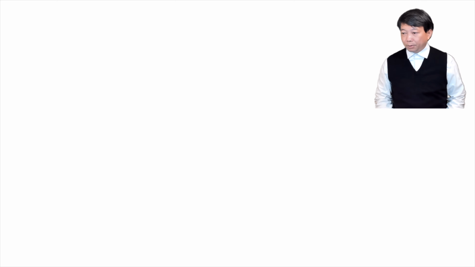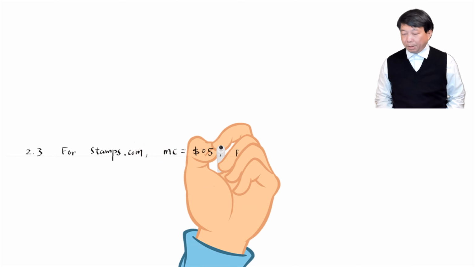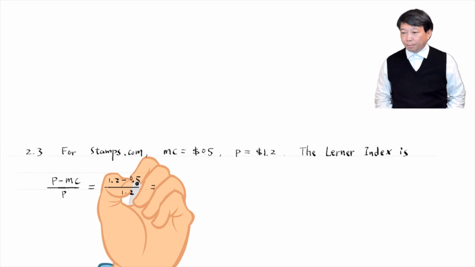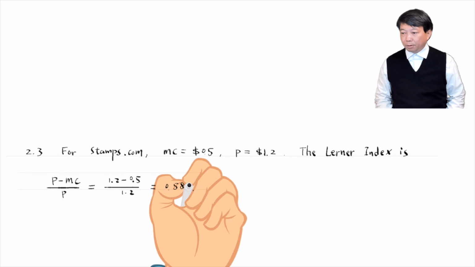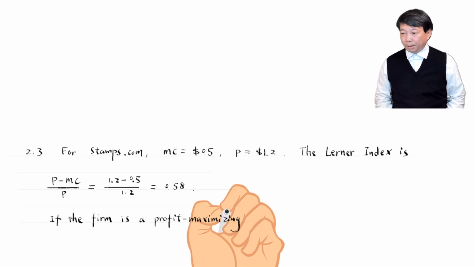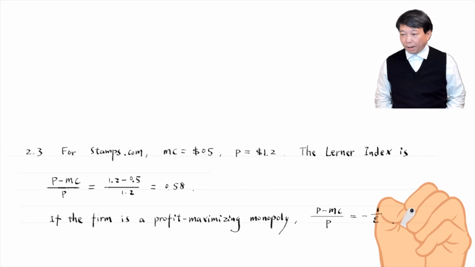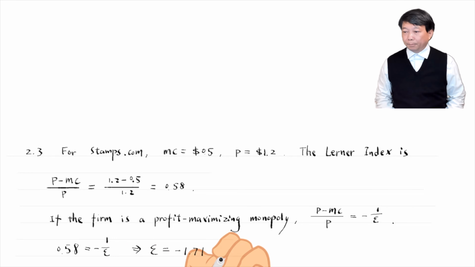We put the price and the marginal cost into the Lerner index measure. It is 0.58. If the firm is a profit-maximizing monopoly, we have the relationship between the Lerner index and the demand elasticity. We can calculate epsilon, minus 1.71.